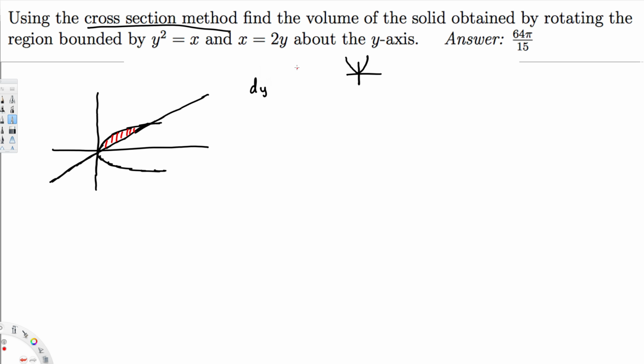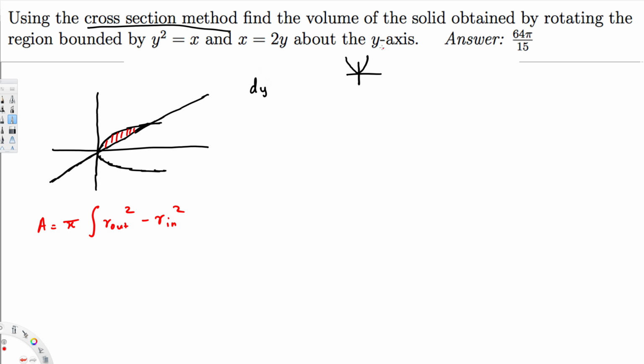So let's try the equation first. For the cross-section method, we use this equation: V equals pi integral of r out squared minus r in squared.